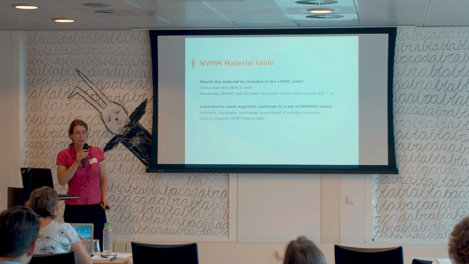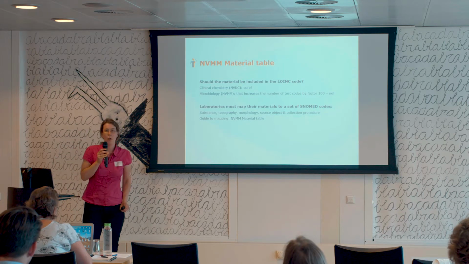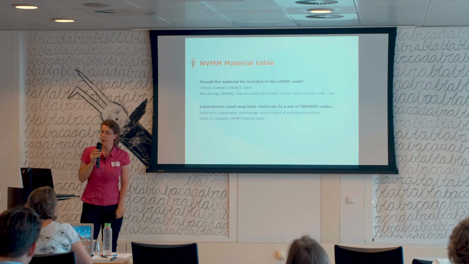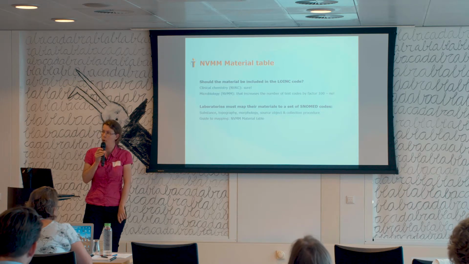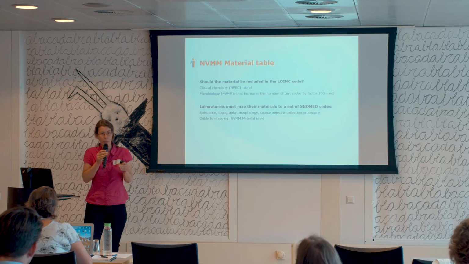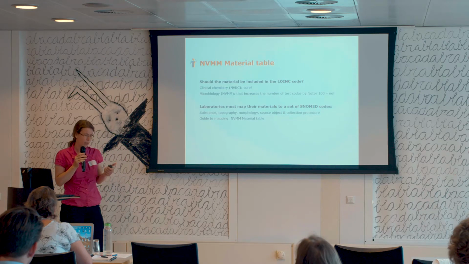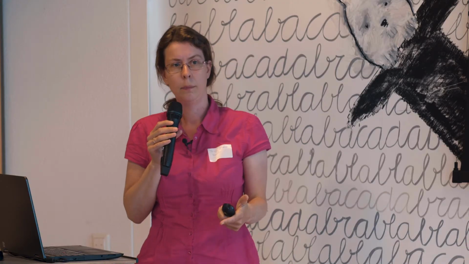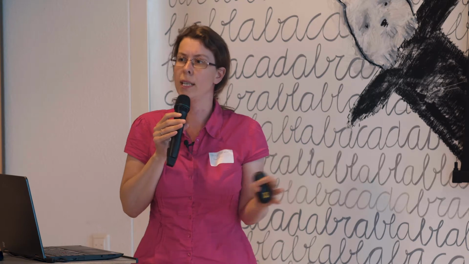They have a difference of opinion about how granular, how specific the material concept, the system, should be. So the clinical chemistry have told us, well, we want to know whether it's blood or urine, yes, but that's all. We don't need any more detail. Whereas the microbiologists say, yes, blood, okay, all right, I also want to know where it came from.